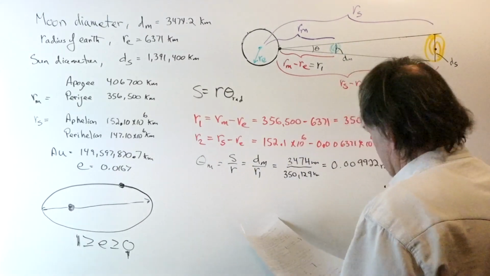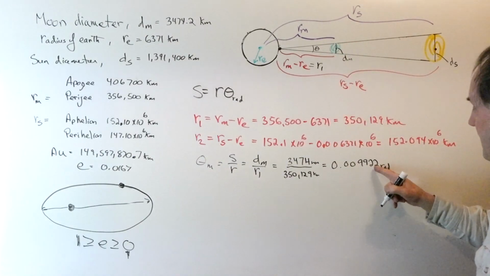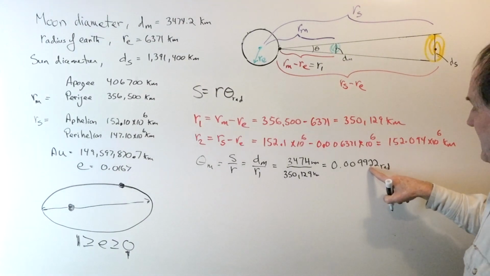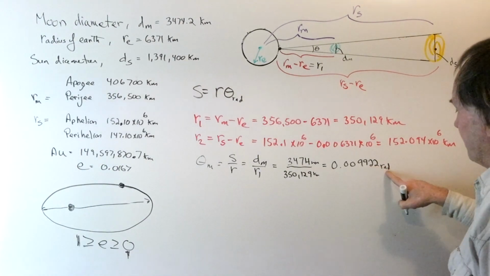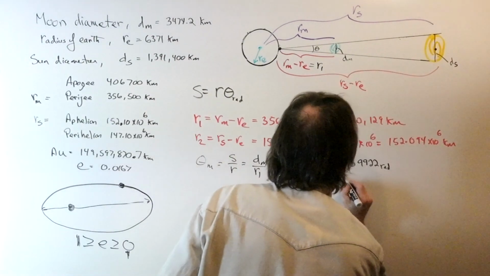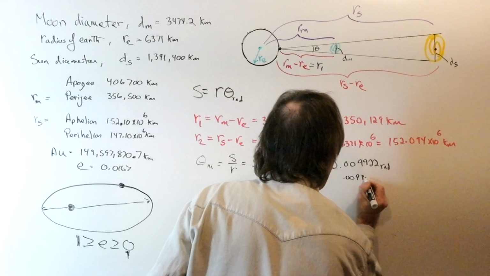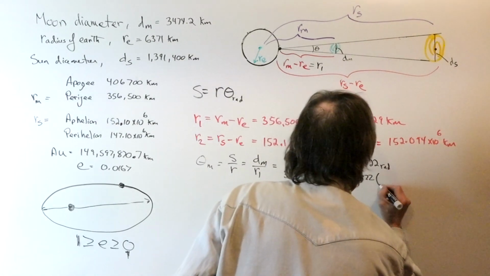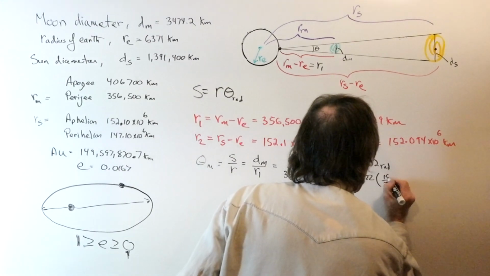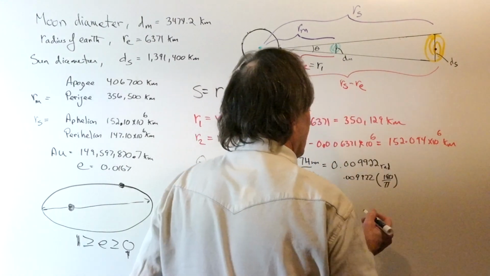In terms of degrees, remember if we multiply by 180 and divide by pi, we convert radians to degrees. So 0.009922 radians, we divide by pi radians and multiply by 180 degrees.